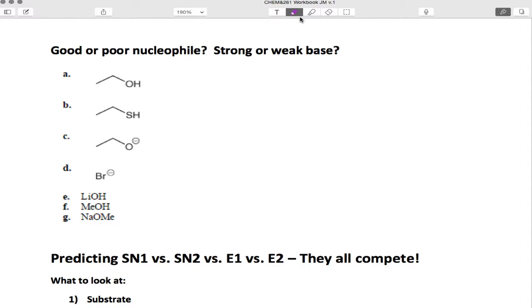And maybe make a chart like nucleophile versus base. We know this one is neutral, so that's going to be a poor nucleophile. And then it's also a weak base because it's like water. It's OH2 or ROH. This is an alcohol, so it's a weak base.